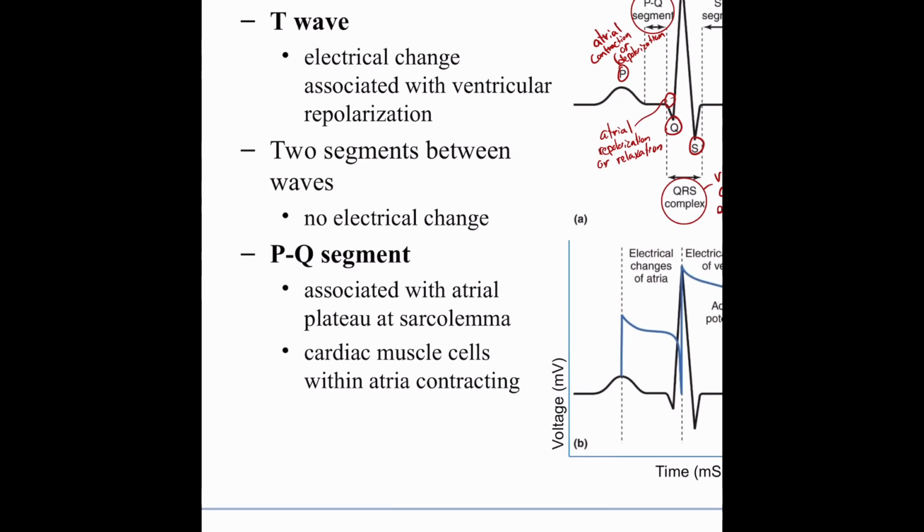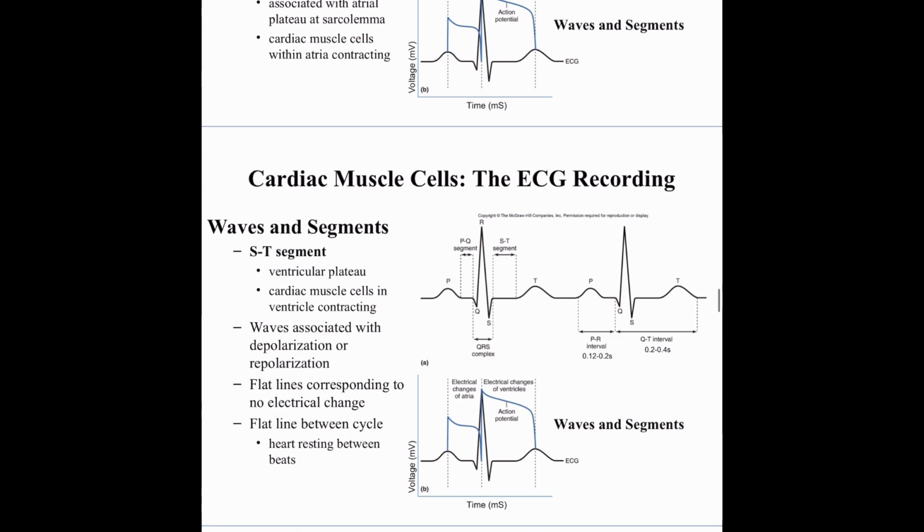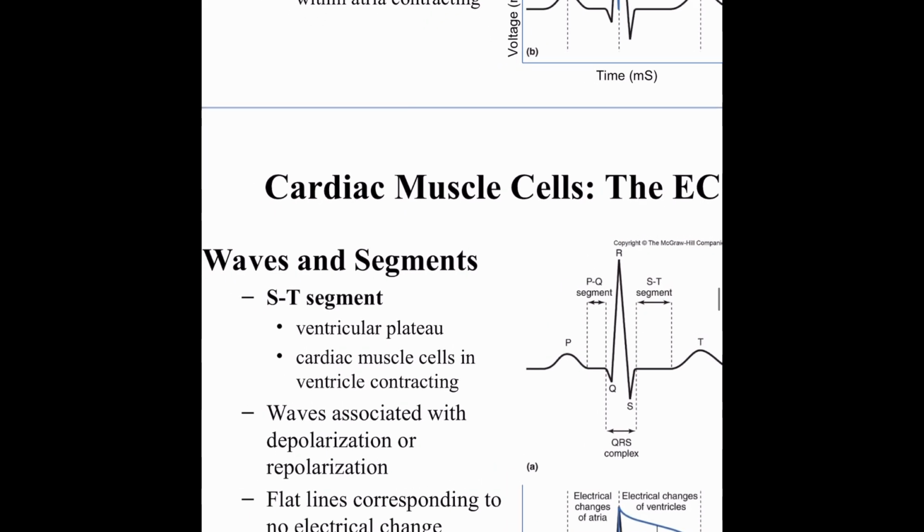And then we go to our PQ segment. So that is not that, but this right here. And here it says it is associated with the atrial plateau at the sarcolemma. Right?